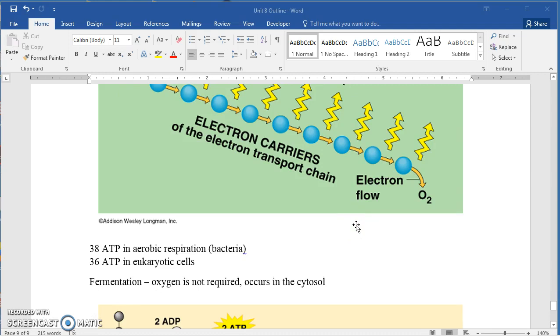When aerobic respiration is complete, that means the glucose molecule has been completely oxidized, and the NADHs and FADHs that were formed have been broken down in the electron transport chain. There can be as many as 38 ATPs in bacteria. Bacteria are a little bit more efficient at producing ATP than eukaryotic cells. In eukaryotic cells, the maximum ATPs will usually be 36.